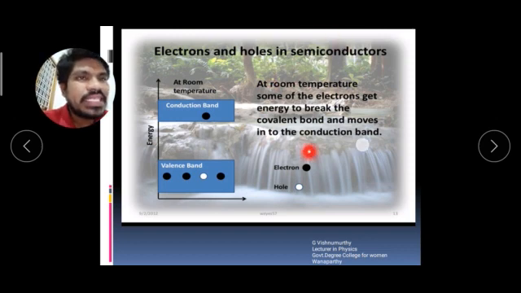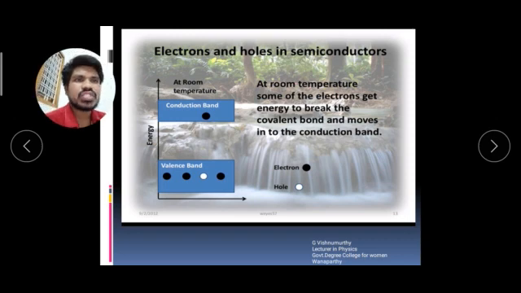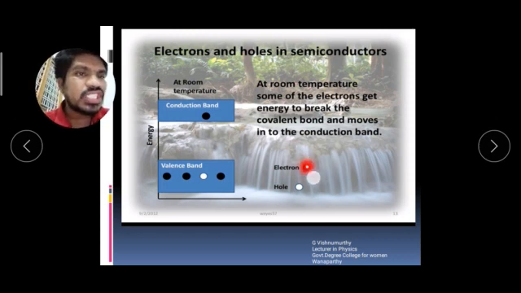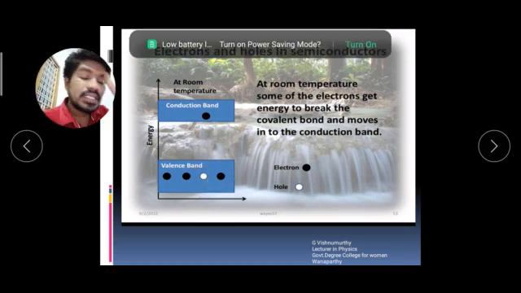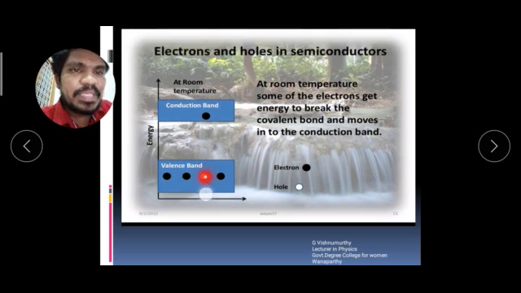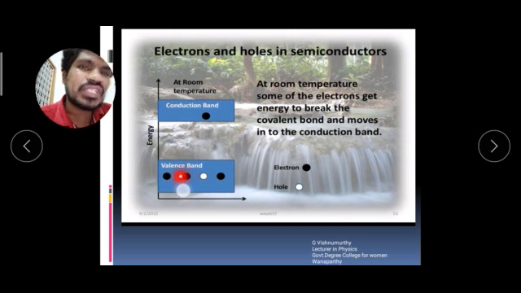Here you see this. At room temperature, some of the electrons get energy to break the covalent bond and move into the conduction band. The dark dot is the electron which is present in the conduction band, and the white dot represents the hole which is present in the valence band. This empty place or hole is occupied by this second electron.